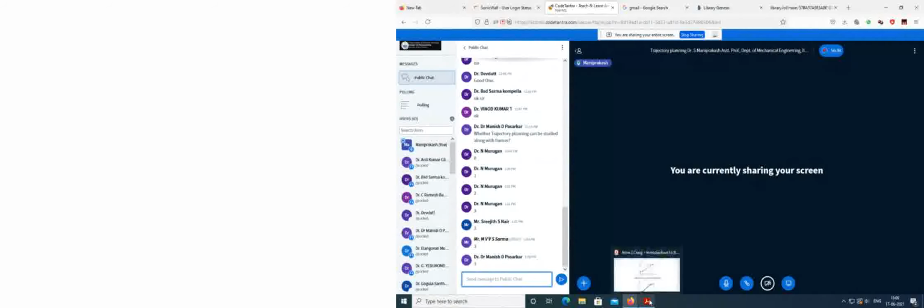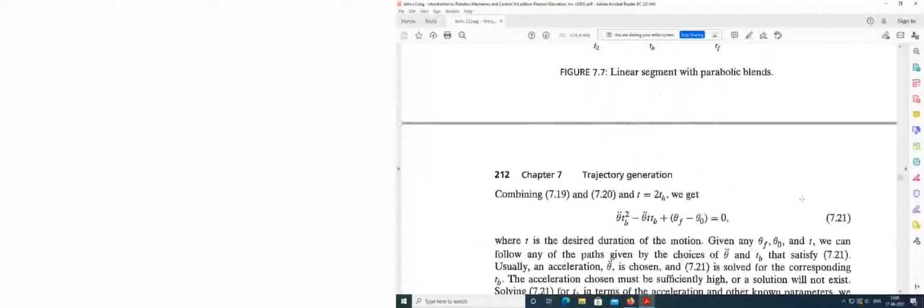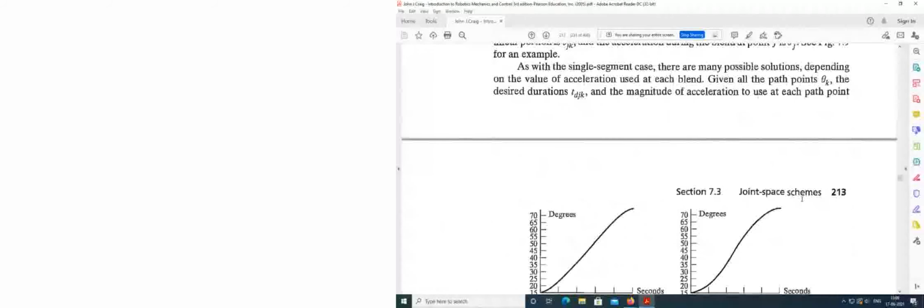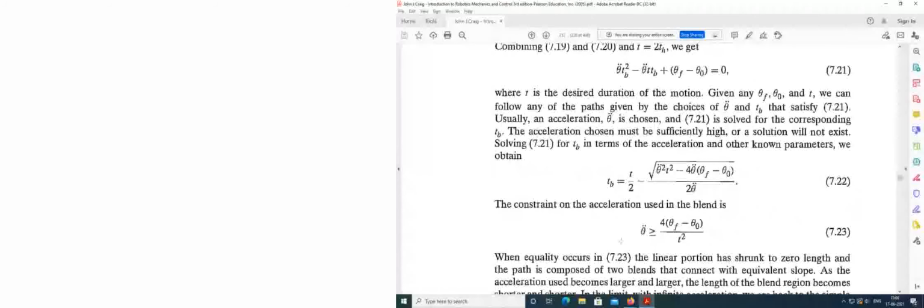Okay, I'll take that as a yes. Actually, this is a little derivation to show that in order to minimize the acceleration, what my TB should be, and we'll end up with TB equal to TH.